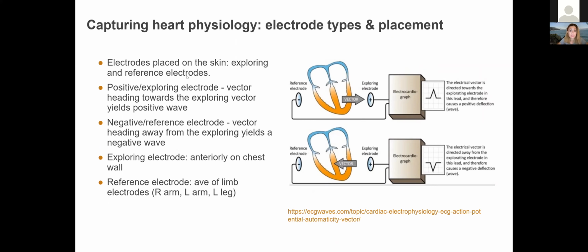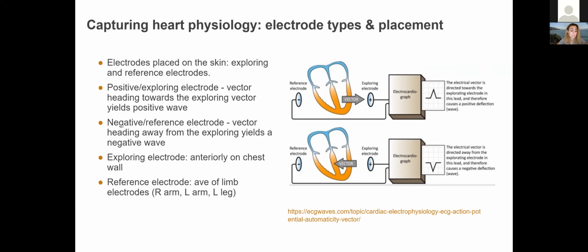Okay, so capturing heart physiology: the electrode types and the placement. Electrodes placed on the skin are exploring and reference electrodes. As you can see here, here's a reference electrode, here's an exploring electrode. For positive or exploring electrodes, a vector heading toward the exploring electrode yields a positive wave.